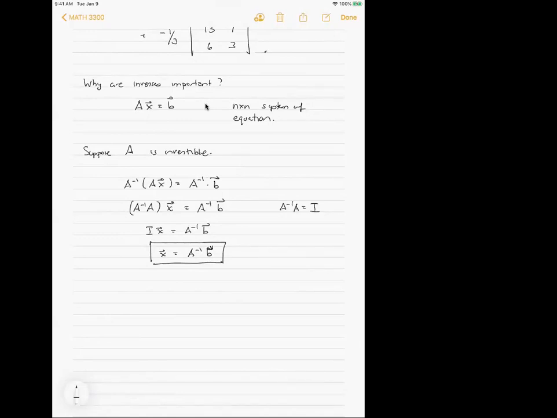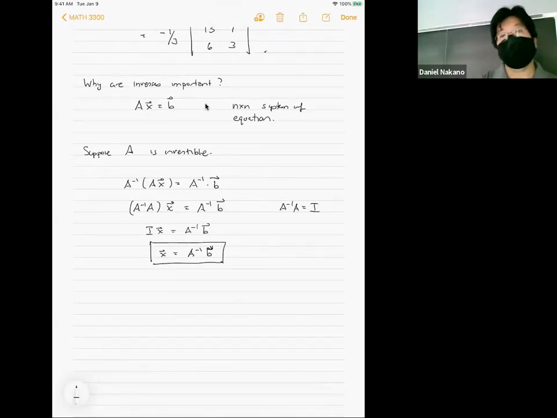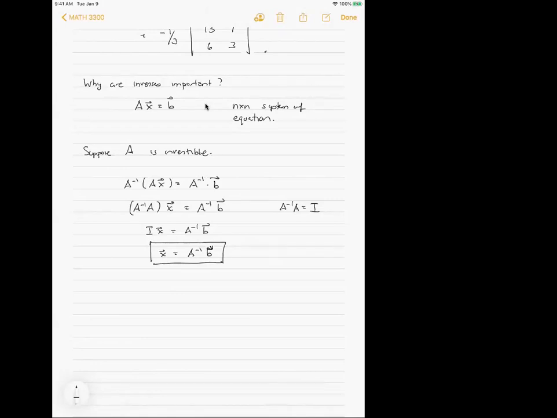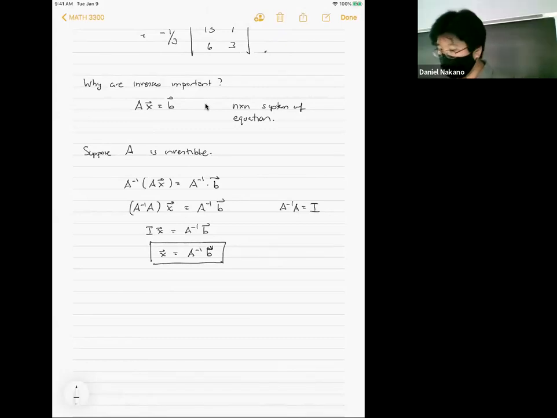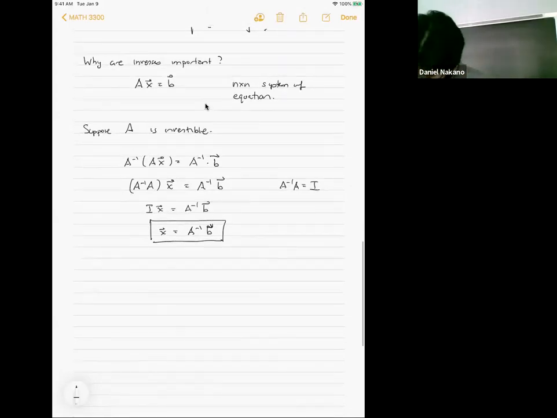So what is the conclusion here? So suppose A is invertible, then how many solutions do we have for this system of equations? One. One. Right? So this shows that the system of equations has a unique solution.